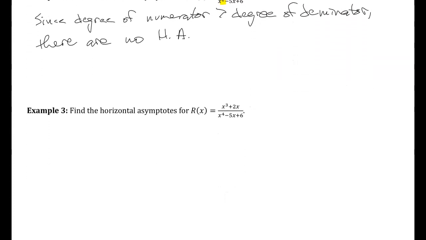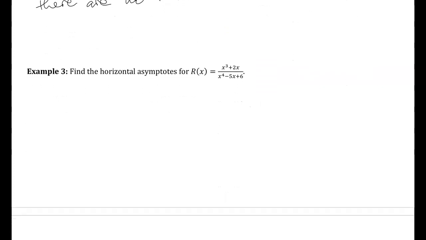Okay, moving on. Again, anytime you want to pause and see if you can figure these out on your own and then restart the video to check, feel free. So for this one, the degree of the numerator is 3, the degree of the denominator is 4.